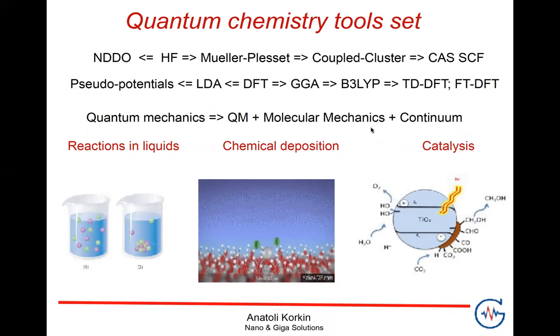They were very popular about 30 years ago. They are based on neglect of differential overlap. But now they're used more in education, and some use is in organic chemistry for big molecules, but density functional methods of different kinds, particularly with increasing computer power, are pushing out the use of NDDO type approximations.